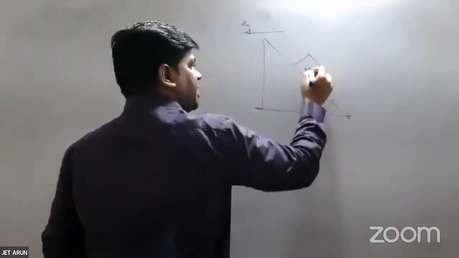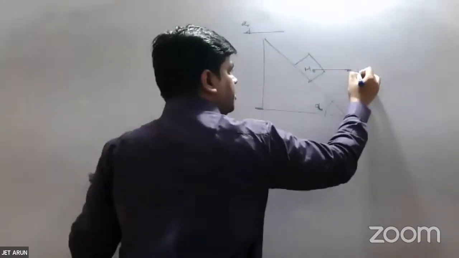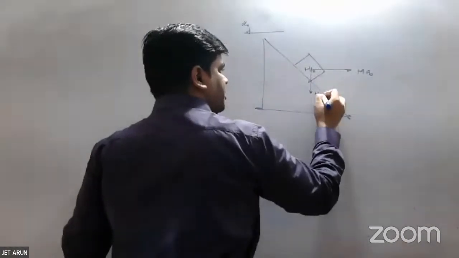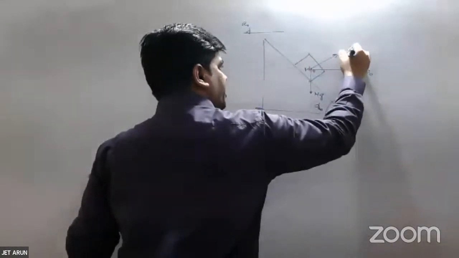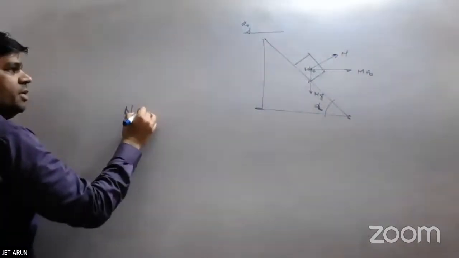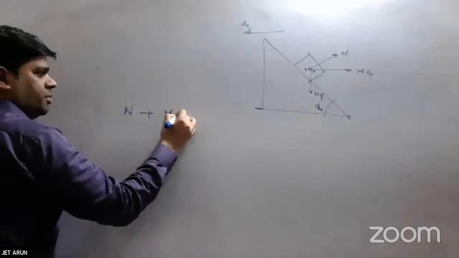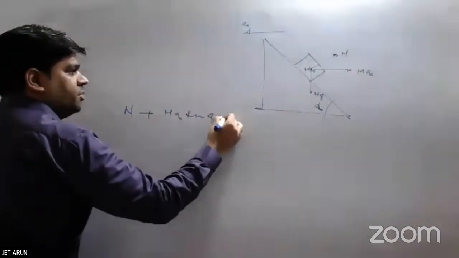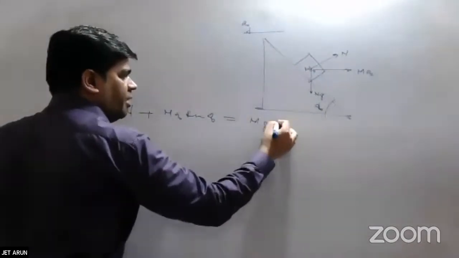What happens with respect to the wedge? I've got a pseudo force towards right, m a naught. mg is downwards. Normal reaction is this way. Now what is normal reaction? Normal reaction plus m a sin theta is equal to mg cos theta.